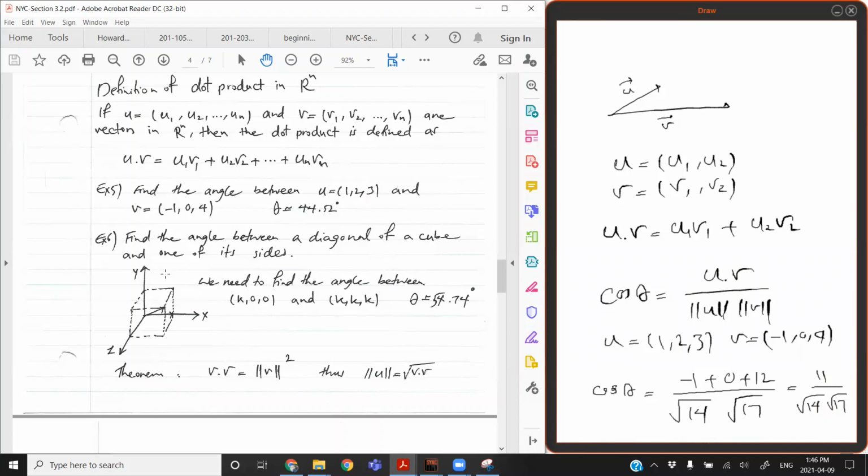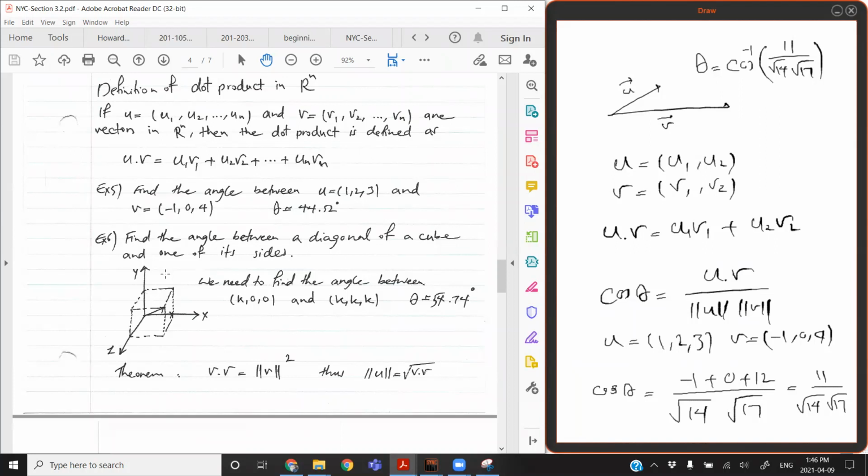Now, how do I get theta? I need a calculator for that. So theta is going to be cosine inverse of 11 over root 14 times root 17. So I want all of you to grab your calculator and do this with me. There is a second function cosine, which is the cos inverse.